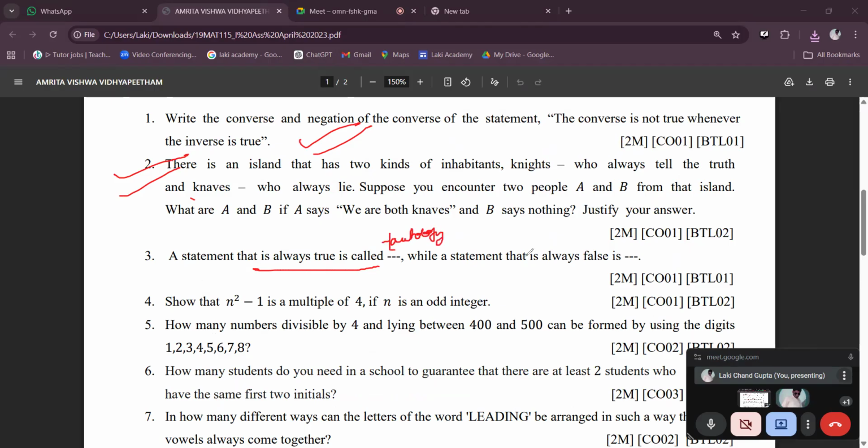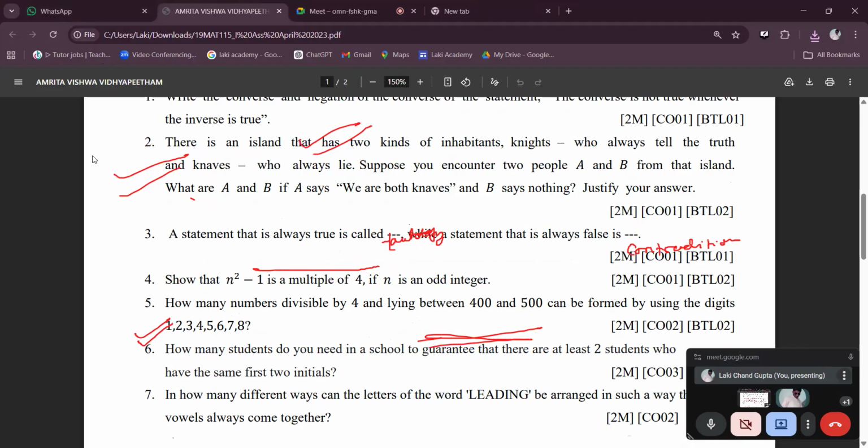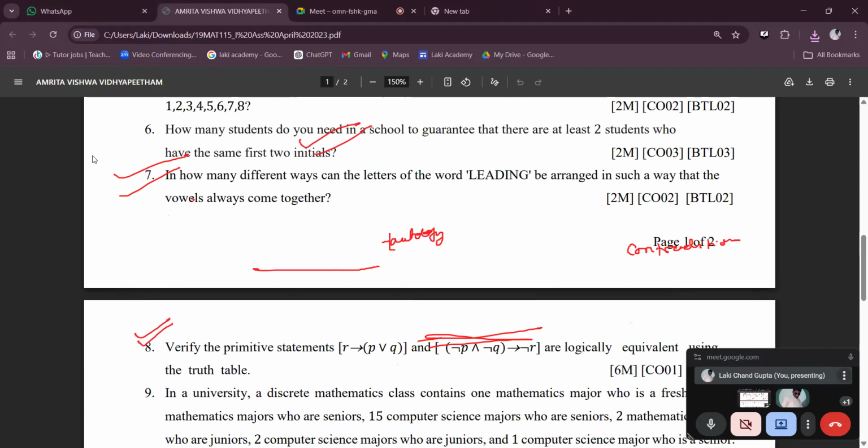A statement that is always false is called contradiction. This is the question, and we have done this already.